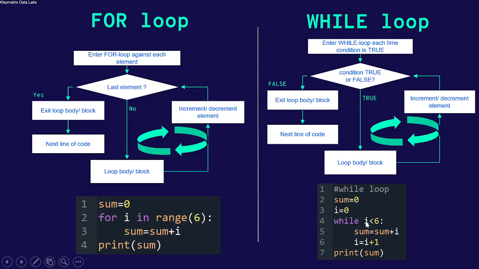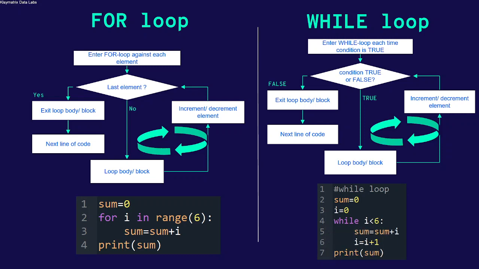So we have to initialize this control value i, and i is also being incremented. So i is being incremented, and I am also initializing it here, which is also important for a while statement. And then you run through this loop, and after the loop the condition becomes false.